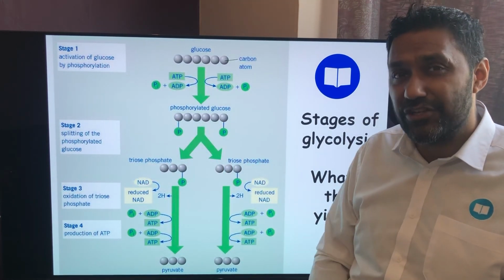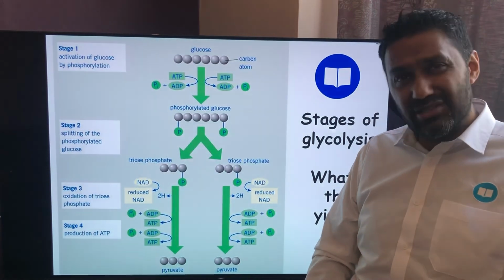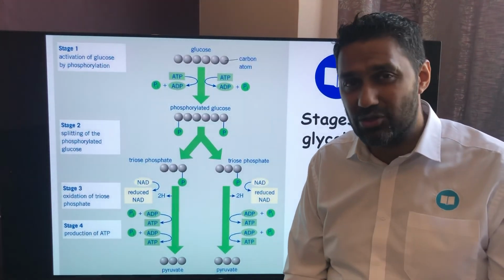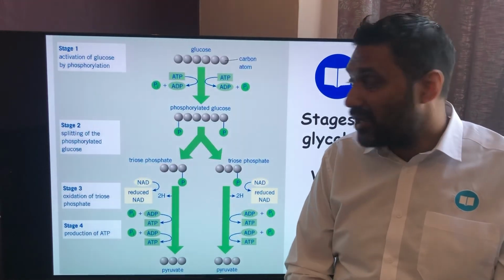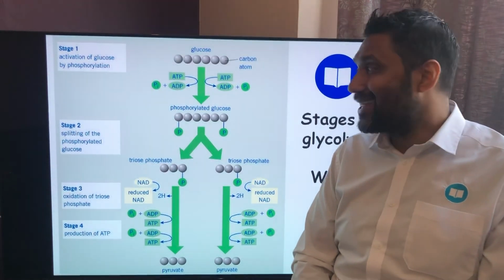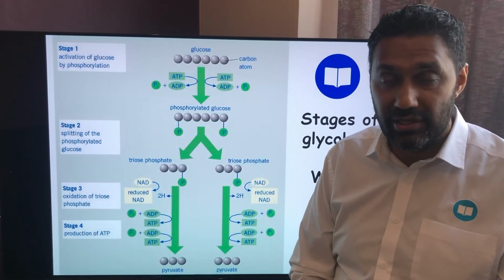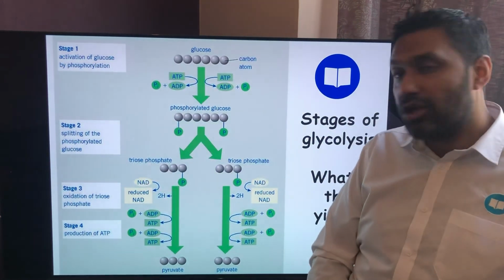So it's very inefficient. You're only getting 2 for every glucose molecule. That's why lactic acid builds up, and eventually your legs cramp when you're going for your run, and you're going to eventually collapse. So anaerobic respiration isn't that great, but it's needed for survival if you haven't got enough oxygen and you've got an oxygen debt. So that's the end of glycolysis.